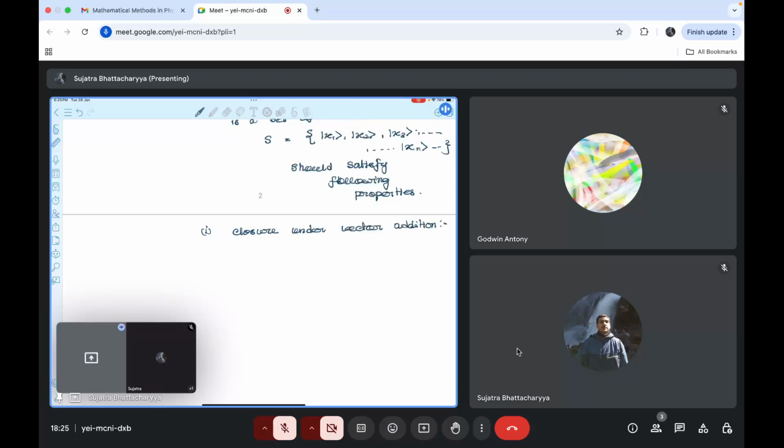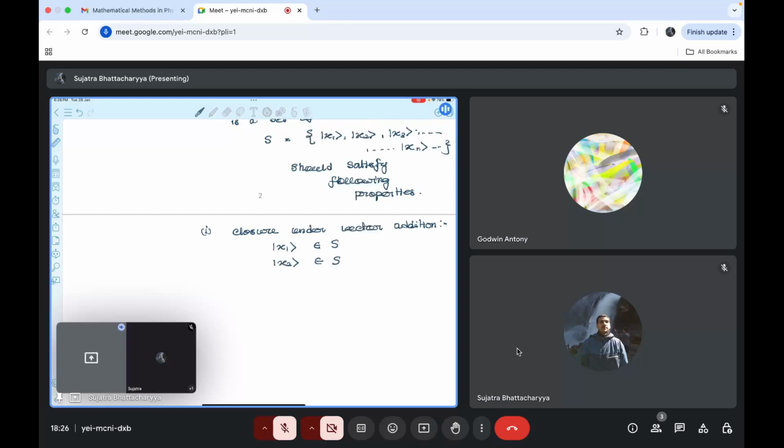So how will we mathematically write it? Suppose you have a vector x1 which belongs to this linear vector space S. Similarly, let us say x2 is another vector which is also coming from this same set of vectors, the linear vector space.